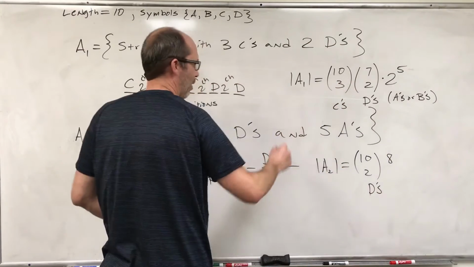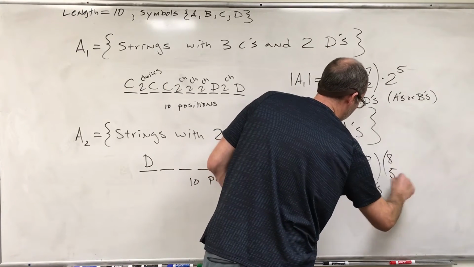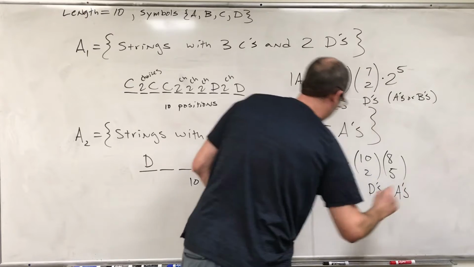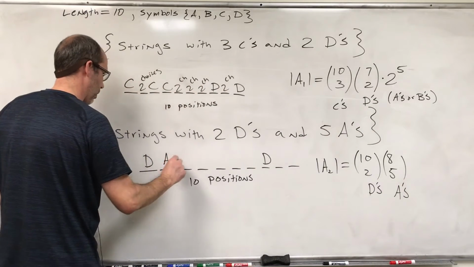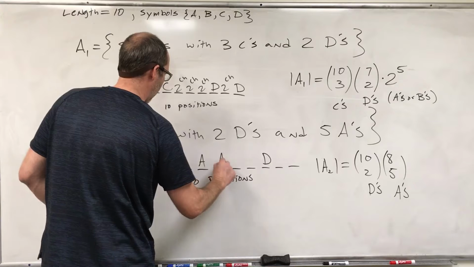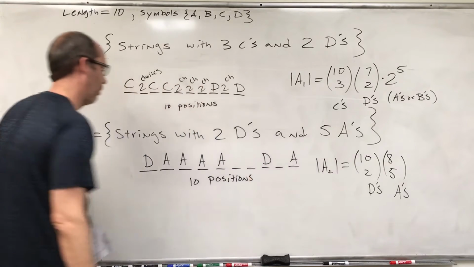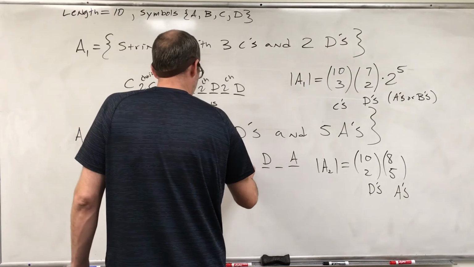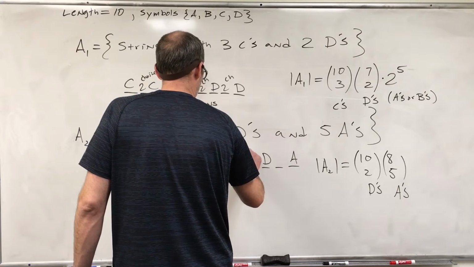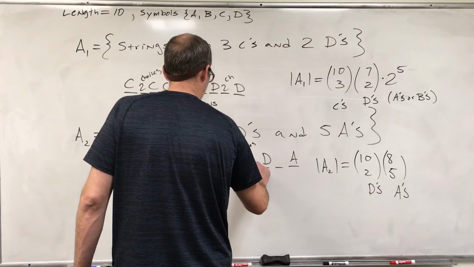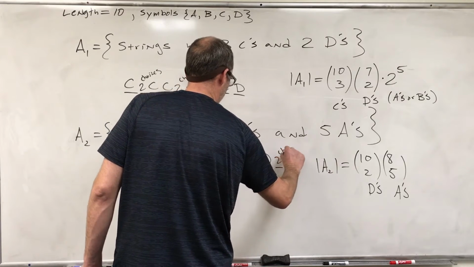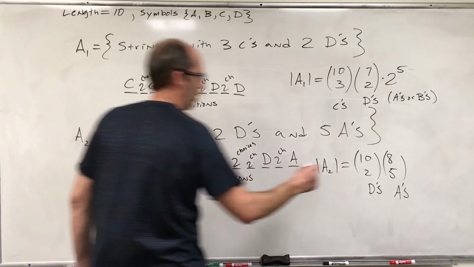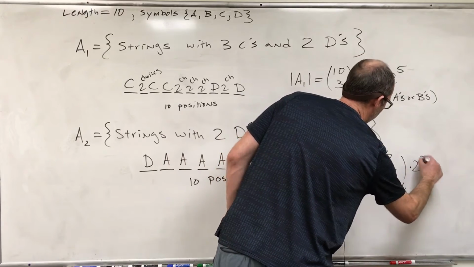We're going to choose 5 of them to be A's. Now we've got 3 positions left, with 2 choices each. So 2 cubed.